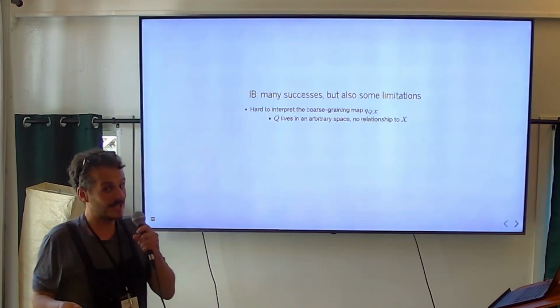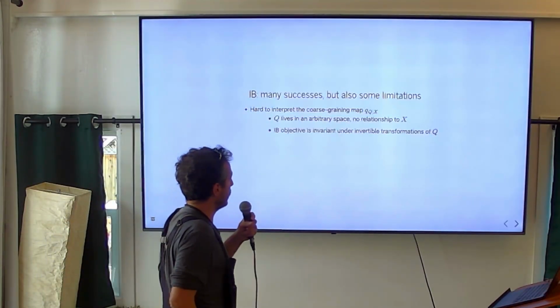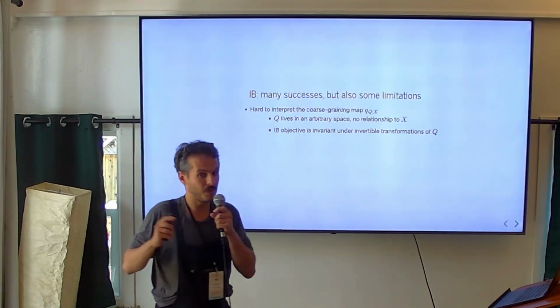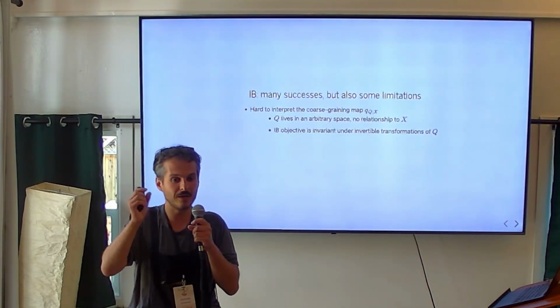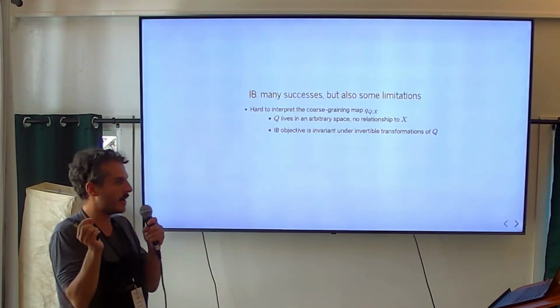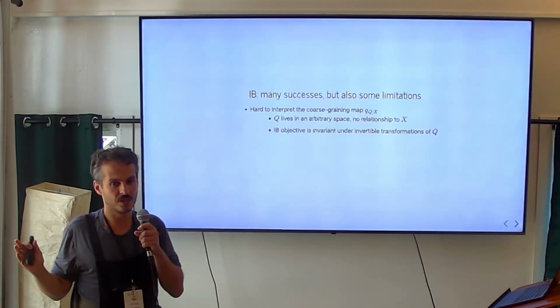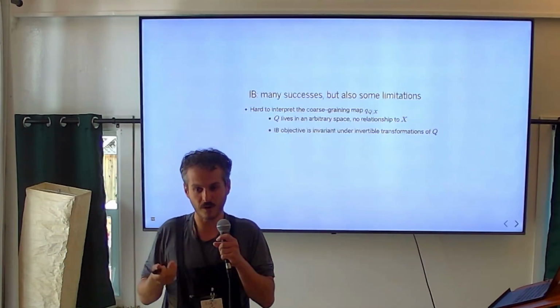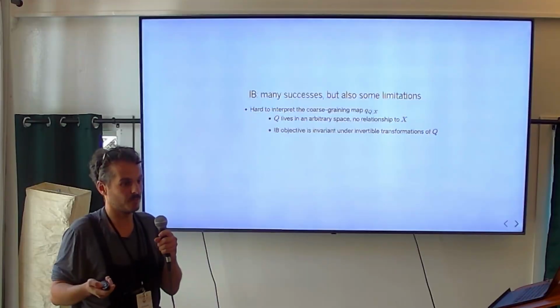And even if it did live in the same space, the information bottleneck objective doesn't have any kind of notion of similarity. It's completely invariant to permutations of Q, or invertible transformations of Q don't change the objective.